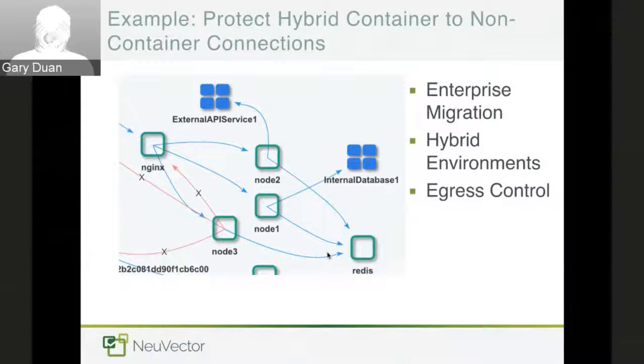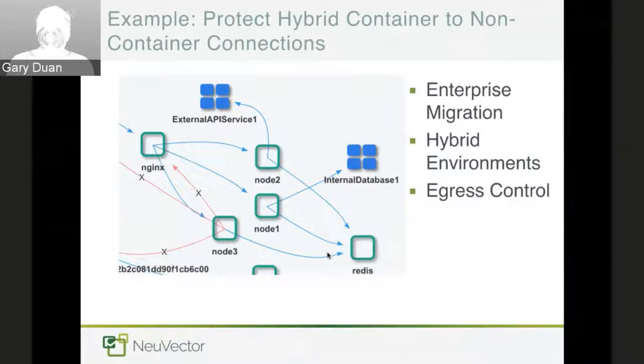This is another very popular use case for almost all the enterprise customers we talk to. Most of them have a hybrid environment, which means they have some services already containerized, but other services running in virtual machines or even physical servers. Today there are no very good tools for customers to define the so-called egress policy.